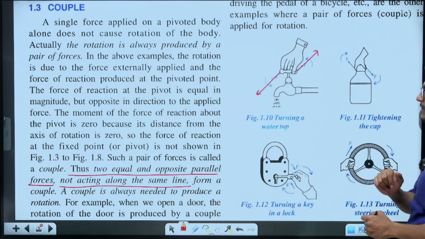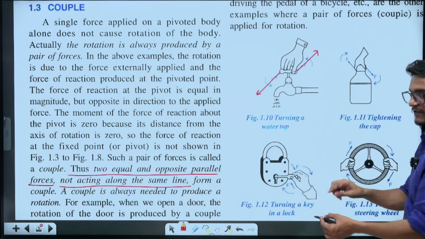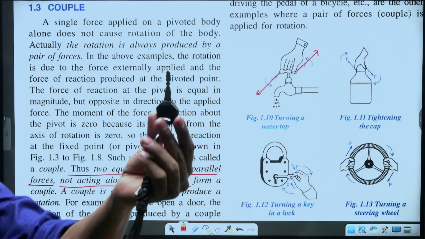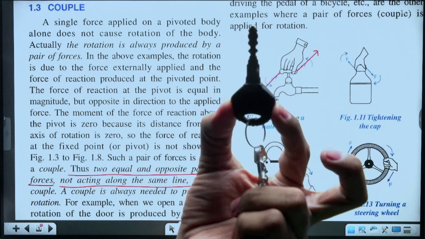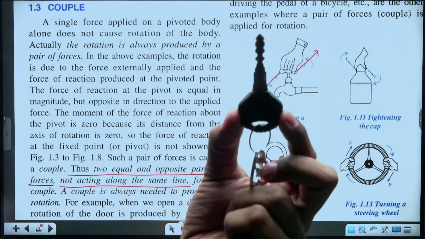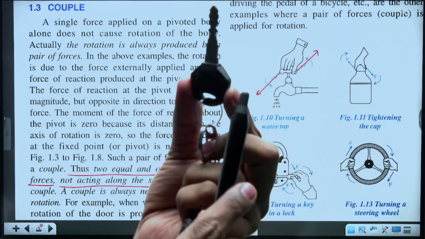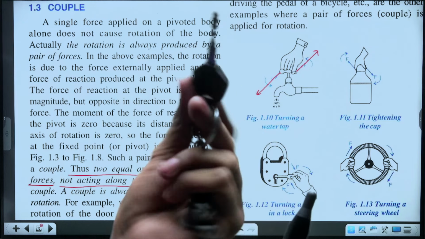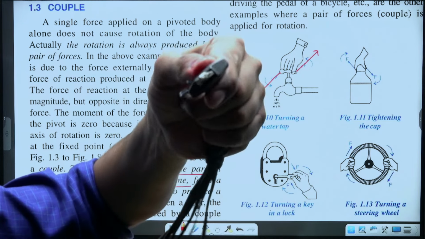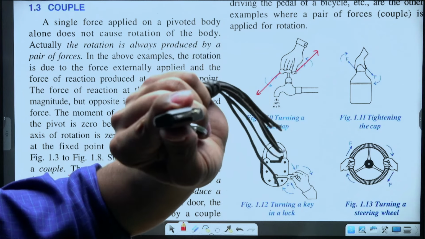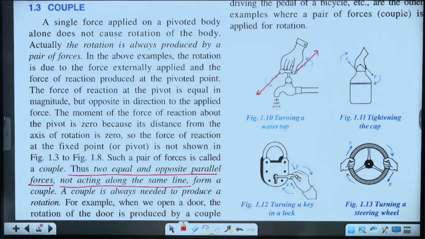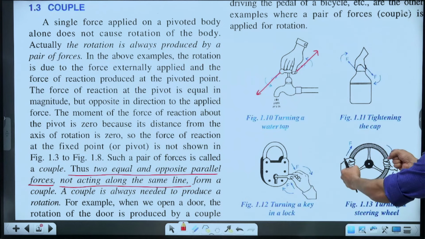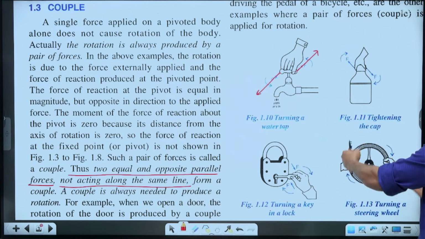It constitutes a couple. Even a key, when we rotate the key, I have a key here. You can see my fingers. They are not acting on the same line. One force is acting towards you and this one is away from you, right? Like this. You can try. Look properly. And even the steering wheel, one force is in this direction, the other is in this direction.